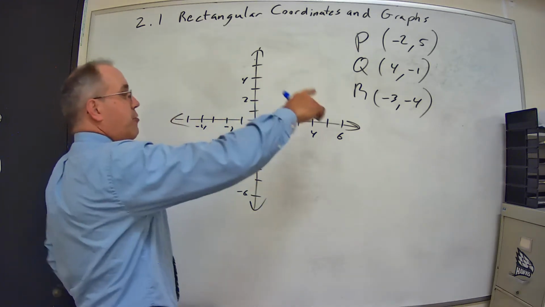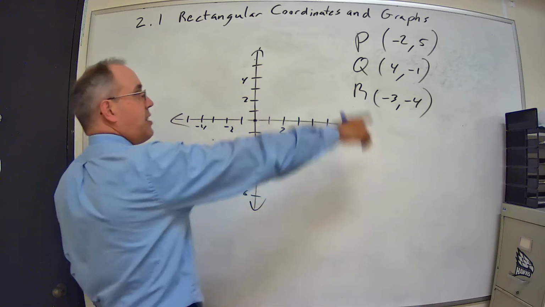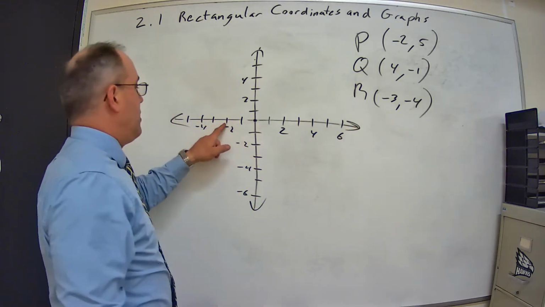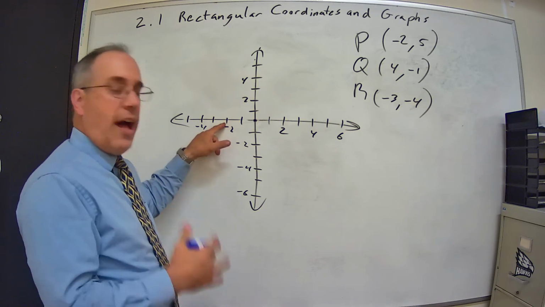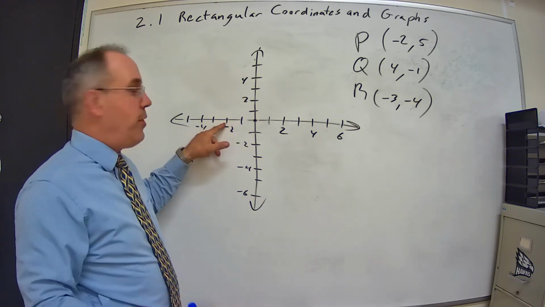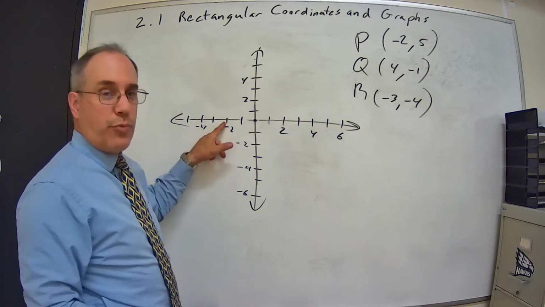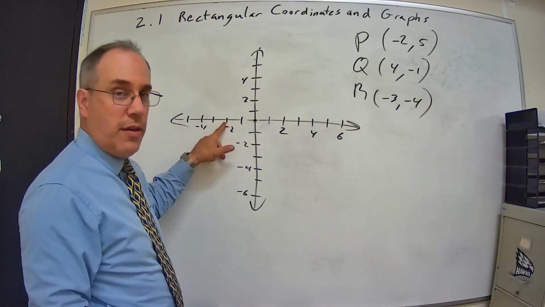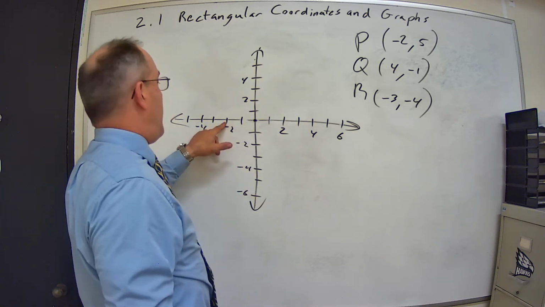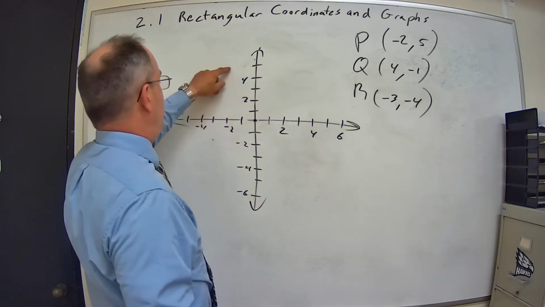So -2, 5, remember you start with the x-axis, and that's the first variable, so -2, we come over to -2. Just keep your eye on that. Don't mark that. That's not the point, that's just how far to the left we're going to go. And then y is 5, so we're going to go to +5.